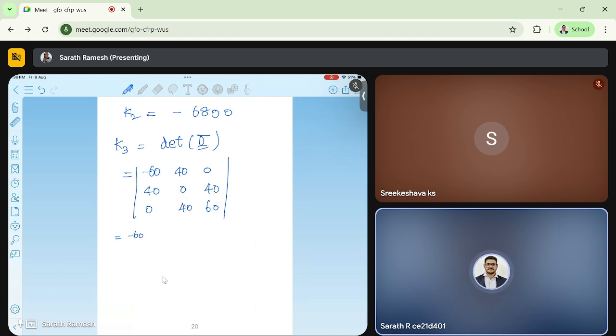Minus 60 times 0 minus 1600, minus 40 times 2400, minus 0 plus 0. This is equal to 96,000 minus 96,000. So this is 0, right? The determinant is 0.